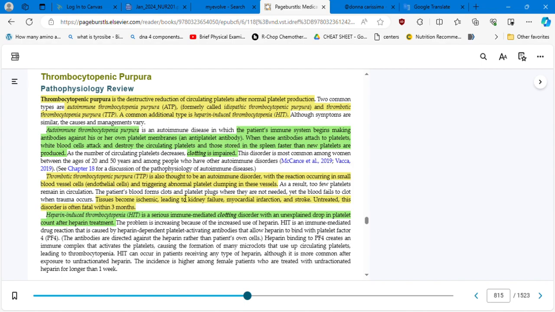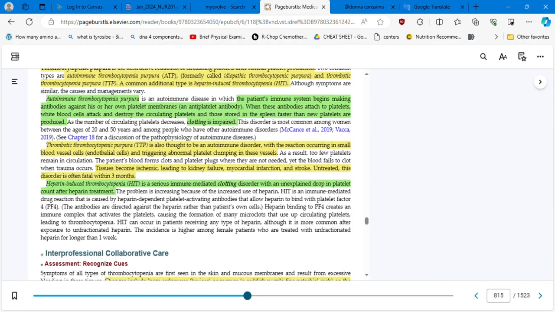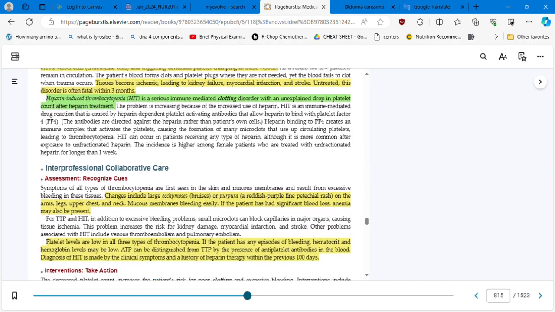In thrombotic, clumping in the vessels occurs. That's the difference. Tissues become ischemic, leading to kidney failure, myocardial infarction, and stroke. In heparin-induced thrombocytopenia, this is a serious immune-mediated clotting disorder with an unexplained drop in platelet count after heparin treatment.